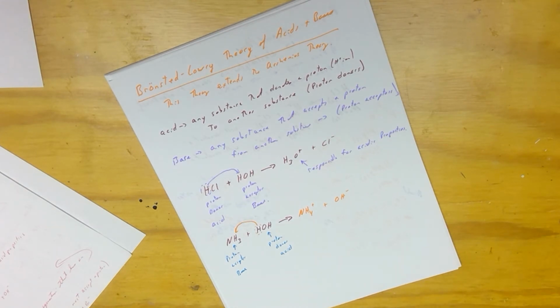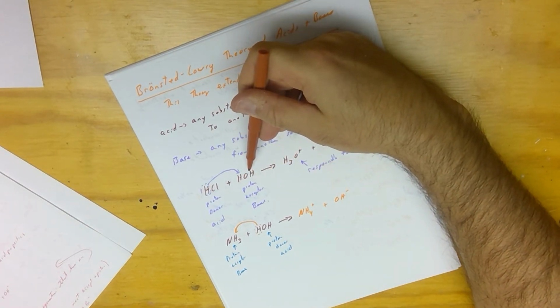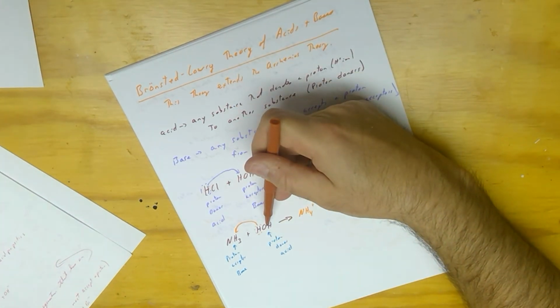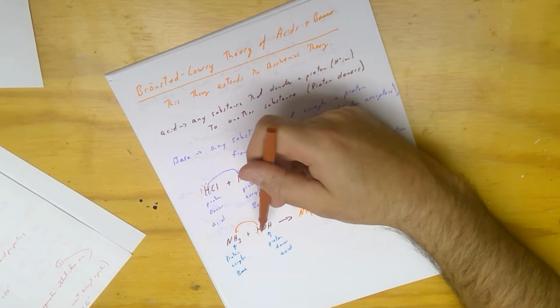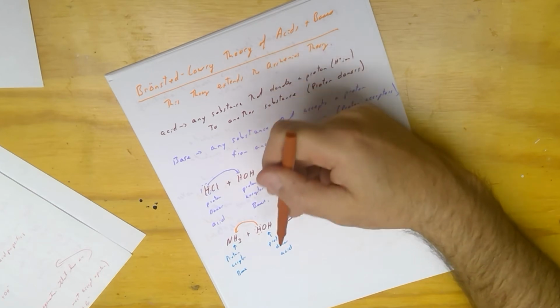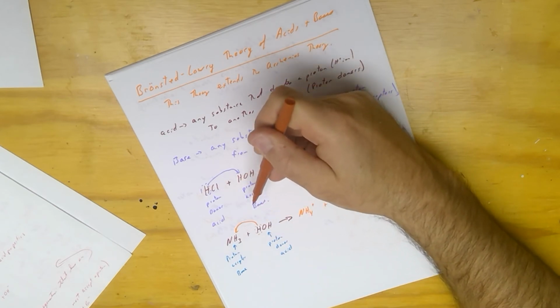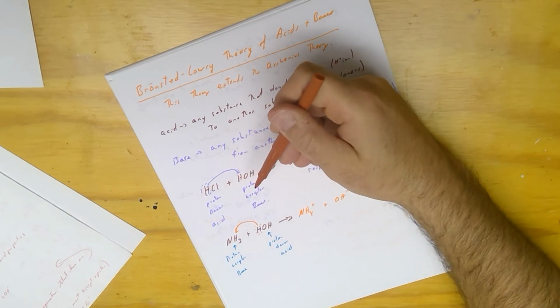Now, I want you to look at something real quick. In this equation right here, the water was acting like a base. In this equation down here, the water was acting like an acid. There are a few substances that can act both as a proton donor and a proton acceptor, and water is one of them. And those substances have a special name.